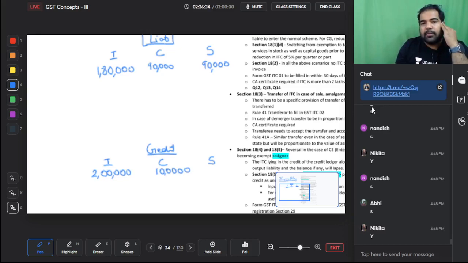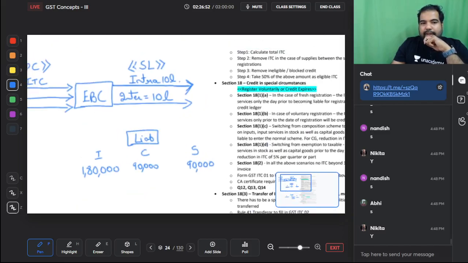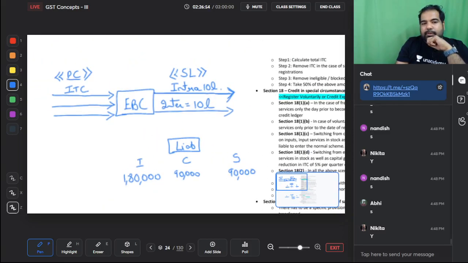And this month there is a purchase on which there is a credit of 10,000 in CGST and 10,000 in SGST. So totalling up, this is 2 lakhs, this is 1,10,000 and this is 1,10,000 credit, as these are your credits. How do you get credits? Purchases give you credit and sales give you liabilities.